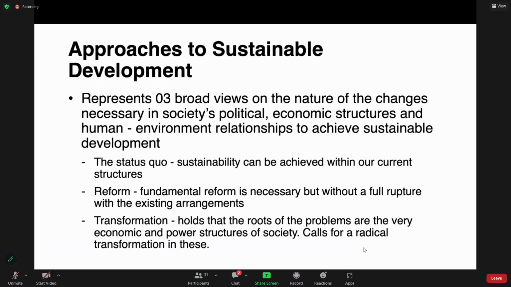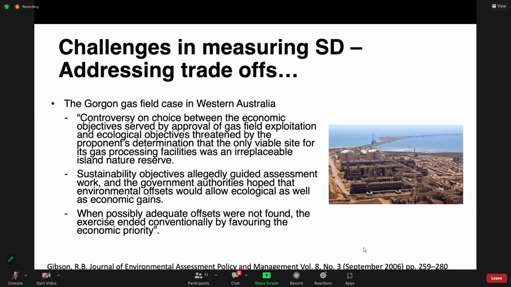We might need to uproot our current systems and totally transform them into more sustainable mechanisms. Those are the three approaches that different groups have suggested.